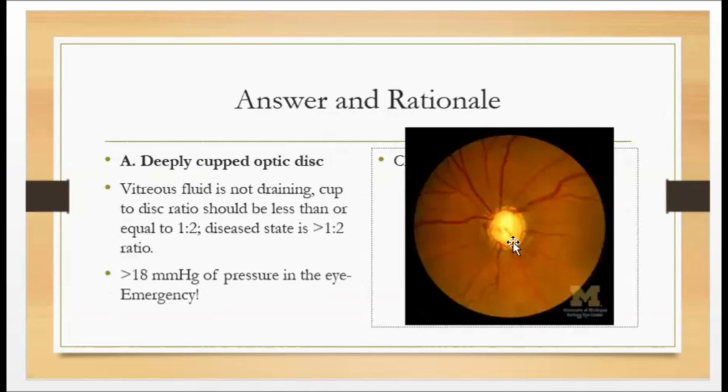If you're taking ANCC, you can look at this diagram very well because you can see the diagram and you have to say what that means. So a deeply cupped optic disc. That is it. Okay, so this one says it's greater than 18.